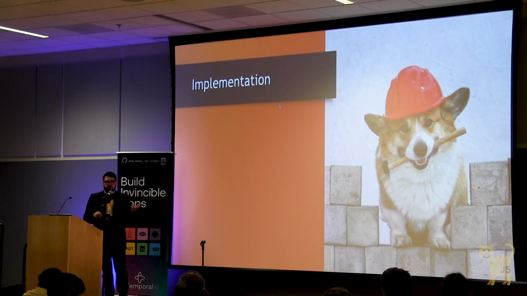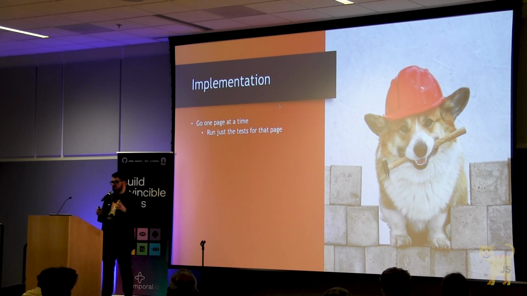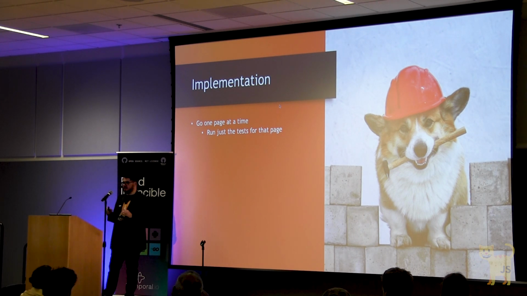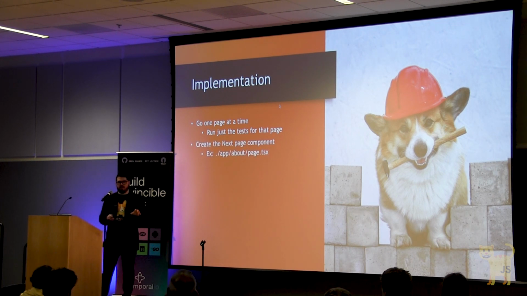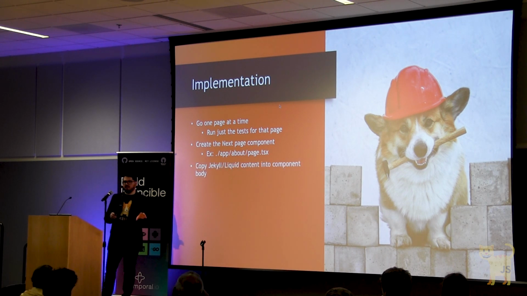So how did the actual implementation for the Next work? Again, this is the process we took, a page at a time: run just the test for that page, isolate the test for that page. Created a Next page component for that page, so for the About page, /about/page.tsx. Completely copied the Jekyll HTML for that page, which was usually pretty ugly, and inlined any templates it was using into that page.